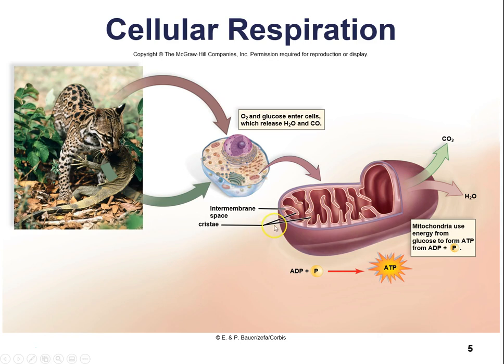So you can see here you have an outer membrane and an inner membrane. Then that inner membrane is invaginated and creates these folds that are called cristae. And then inside that you have this intermembrane space, which is going to become important later on.